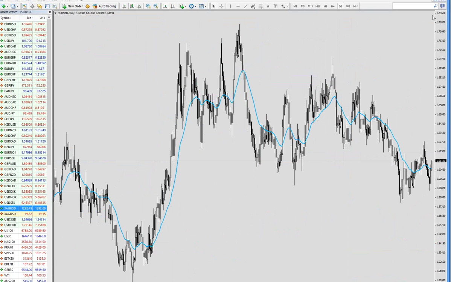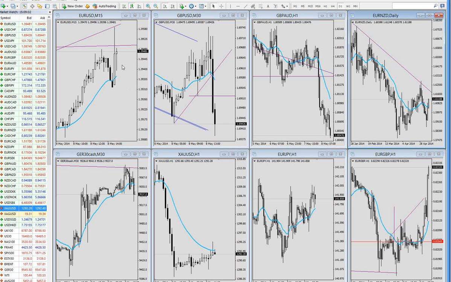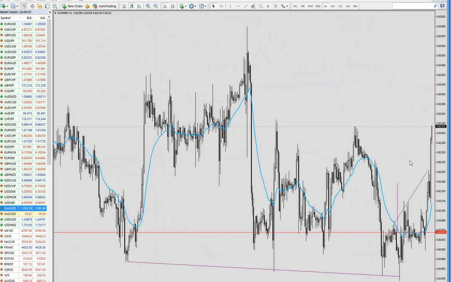That's the Euro QE. Let's see what's going to happen here. Yeah, Euro is stronger, especially versus pound. So that's the next target, 82.50, 82.55.